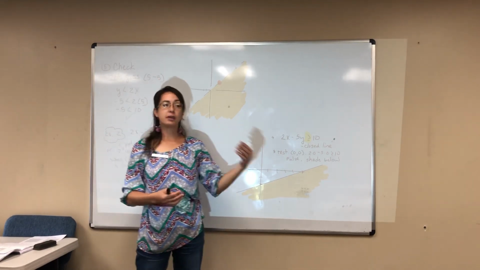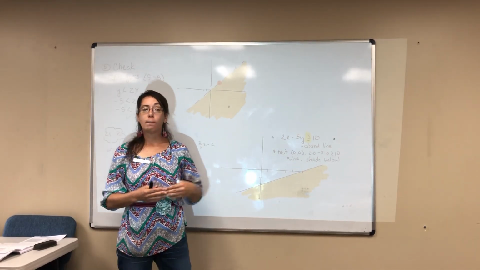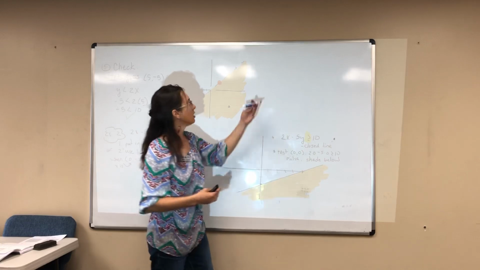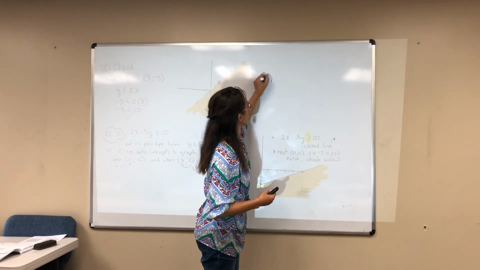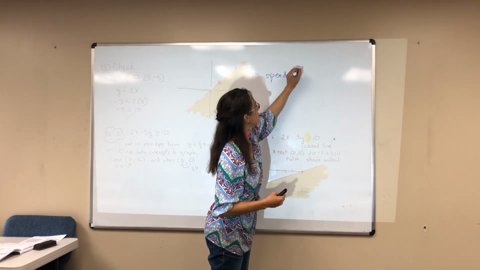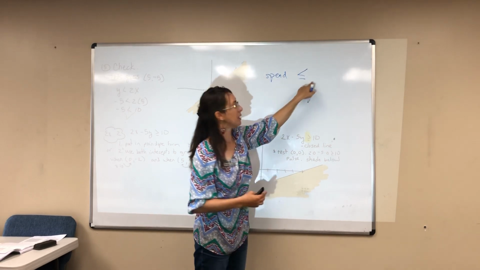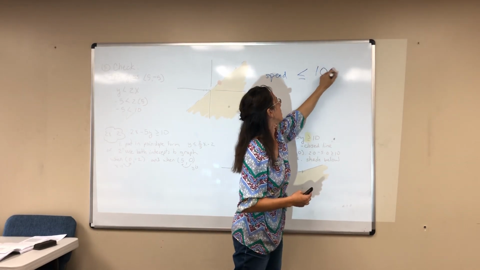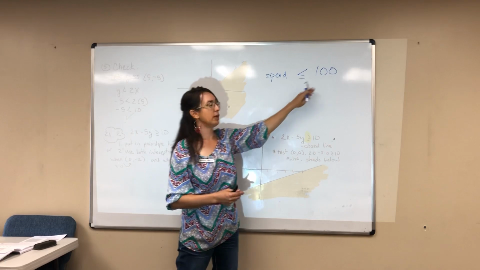How much could I spend up to? Well, you can't spend more than you have, but we could spend up to that. So I could spend less than or equal to $100.